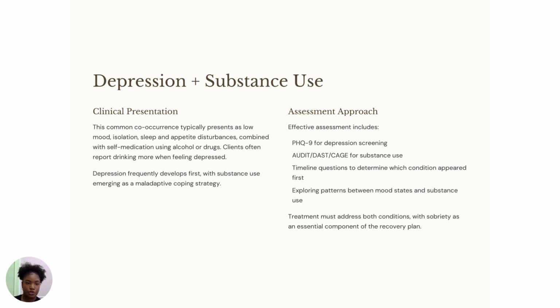How often do you drink? And then explore the patterns between their mood states and their substance use. And then you must create, along with the client, a treatment plan that addresses both conditions with sobriety as an essential component of the recovery plan. Because if they're sober, then they're more apt to recover from their depression.